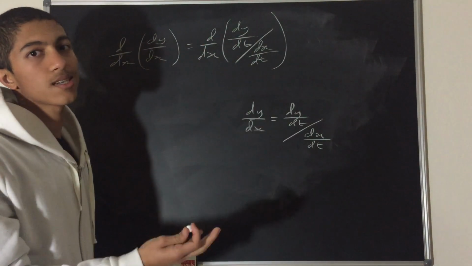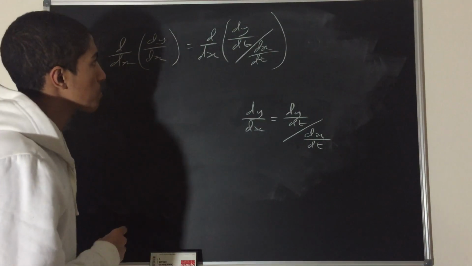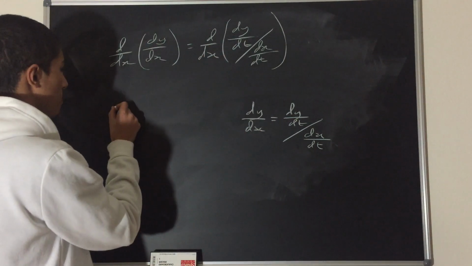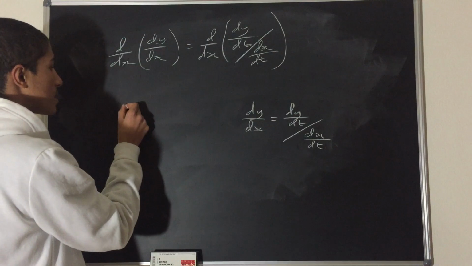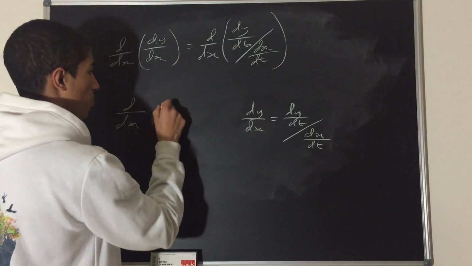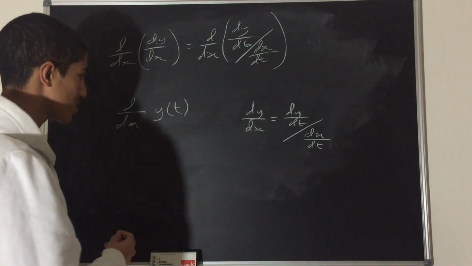And now we're trying to differentiate with a different variable x on a function that's represented by a variable t. So it's essentially a composite function, and I'm going to have to use the chain rule again. I'm going to condense this into a simpler form, I'm going to take an example. Let's say we had d by dx of y of t. Then it's essentially implicit differentiation.